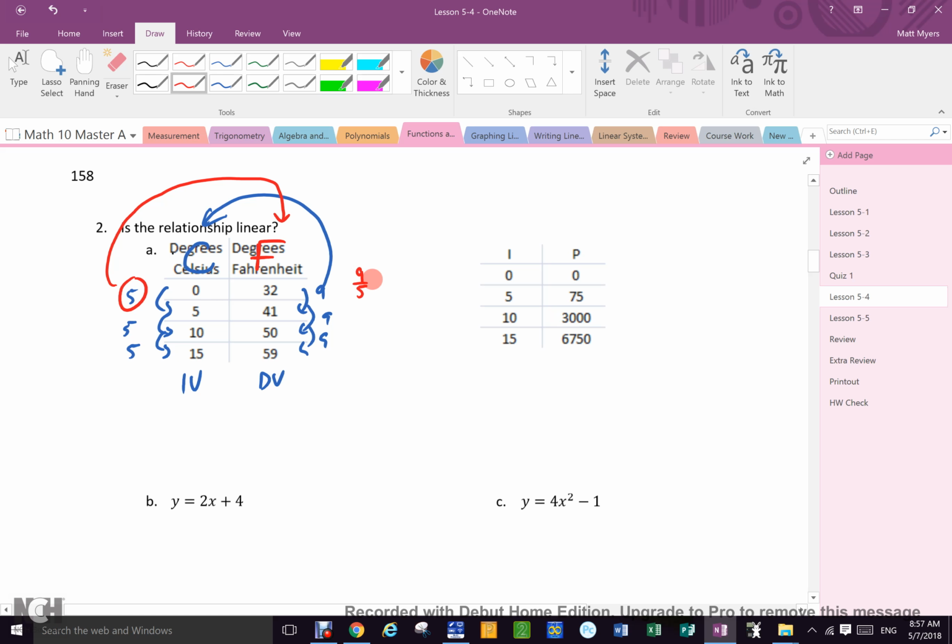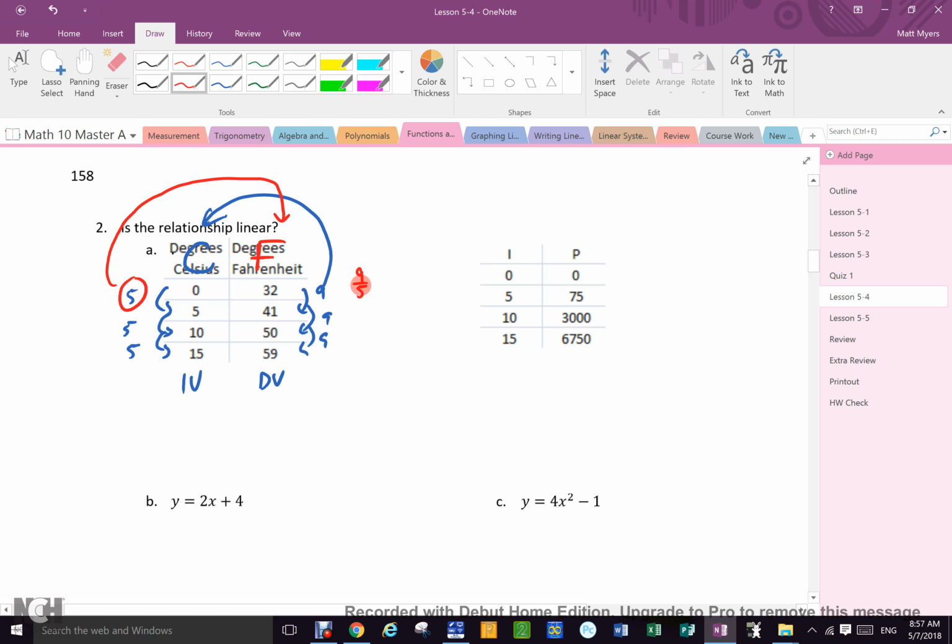Agreed? Does everybody understand that? I'm going to wait a second because this is kind of important. Does everybody understand what I just did there? When I went up by 5, I went up by 9. So if I go up by 1, that's my 5 divided by 5, correct?